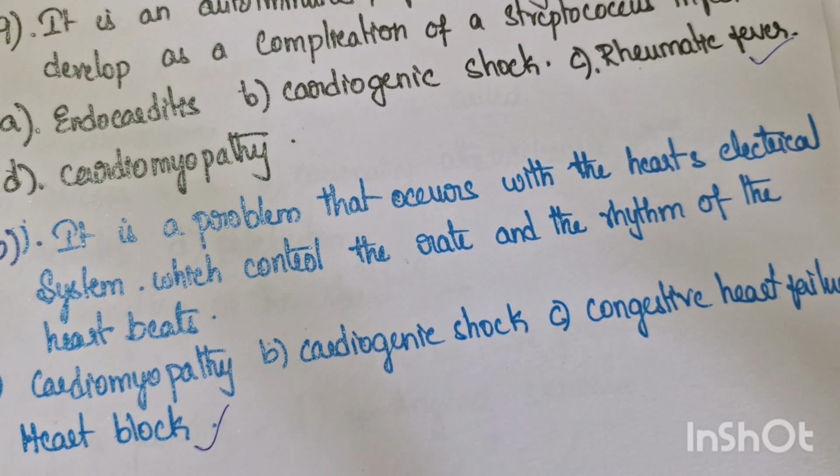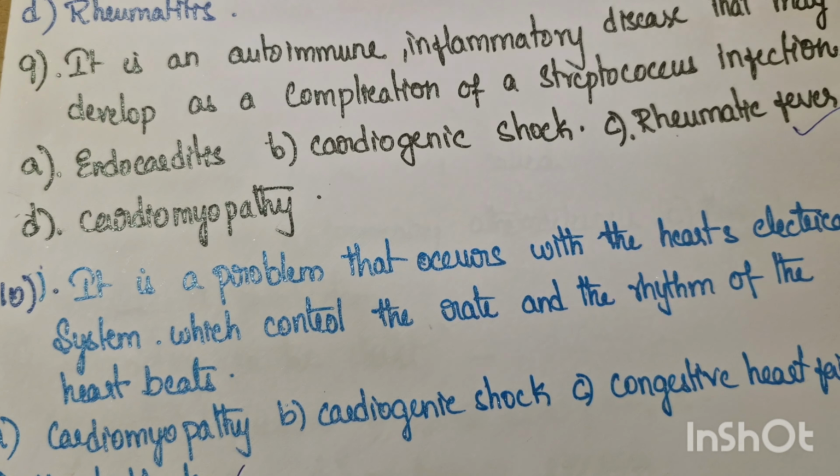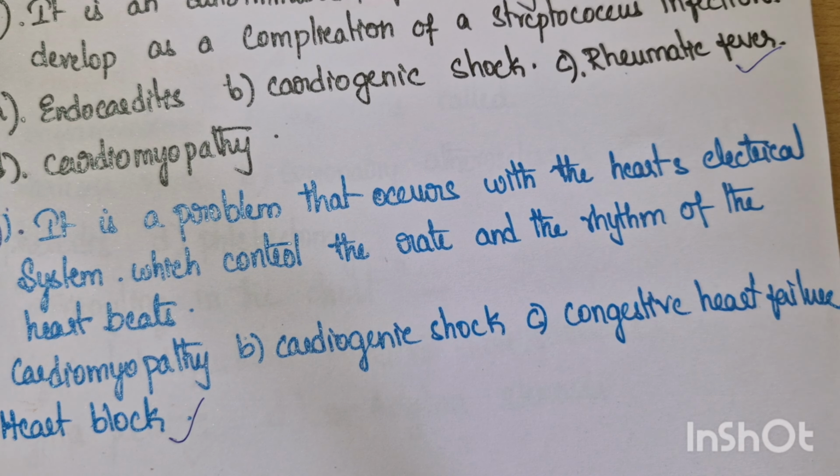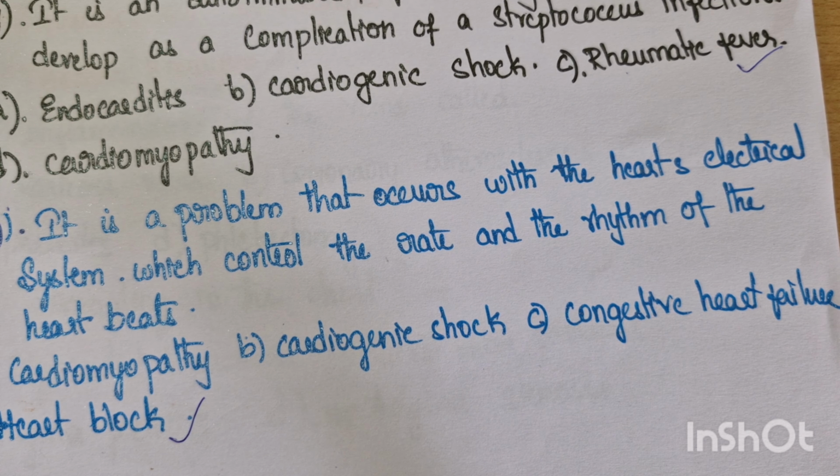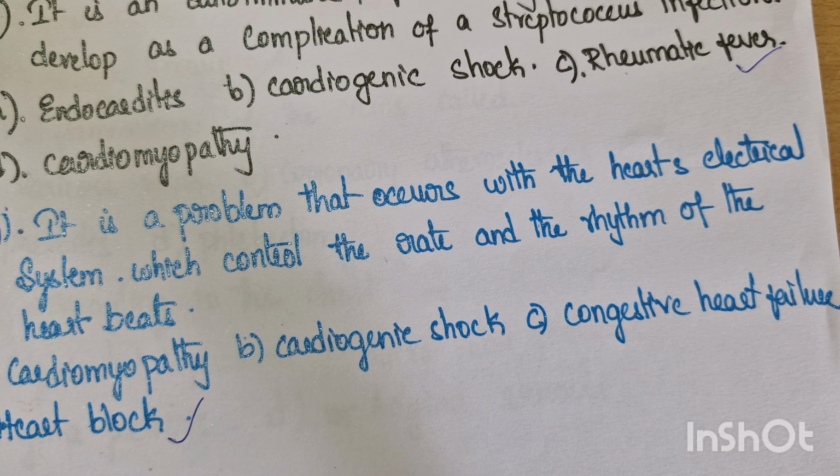Congestive heart failure means what? It is when the function of the heart is failing due to multiple reasons. Okay? That leads to congestive heart failure. So here we are talking about the heart's electrical system.